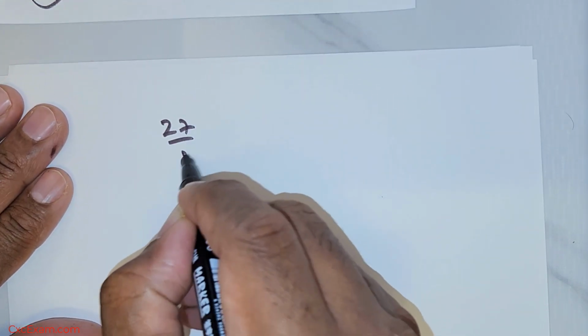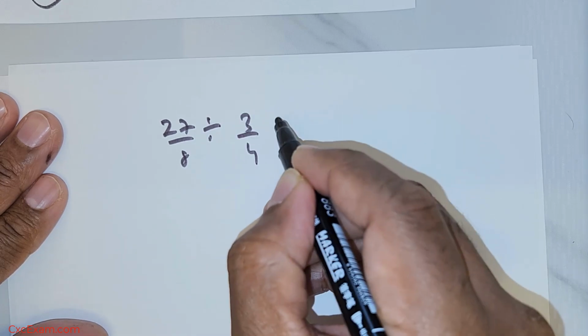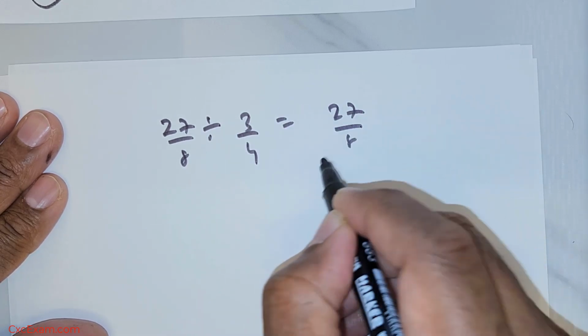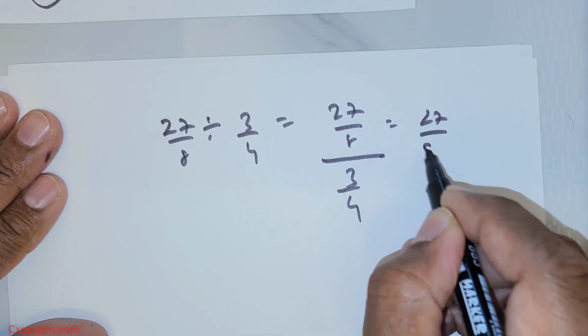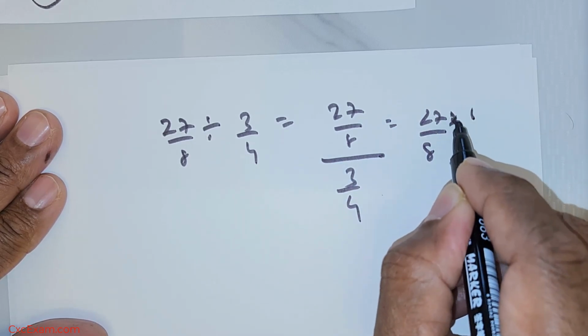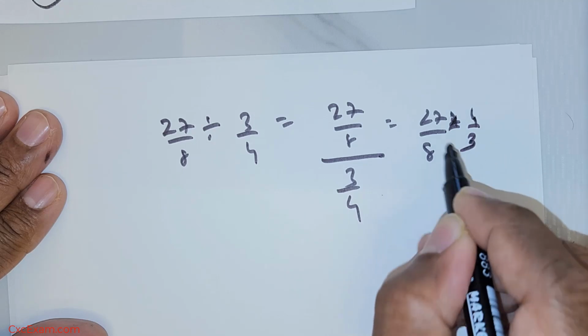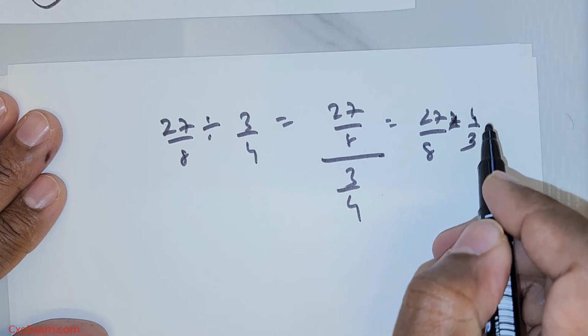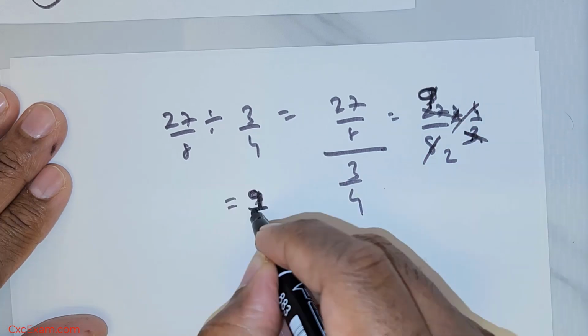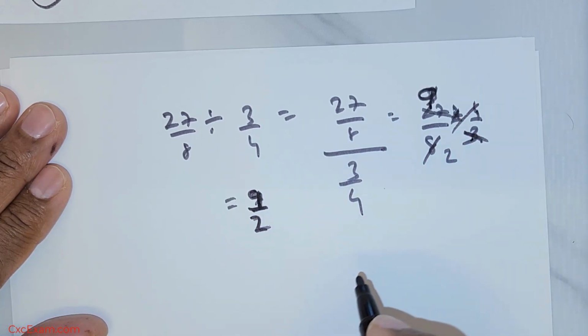So you flip it. If you flip it, you get 27 over 8 times 4 over 3. 3 goes to the position of 4, 4 goes to the position of 3. Now 4 divides here 2 times, and 3 divides 27 nine times, so 9 over 2.